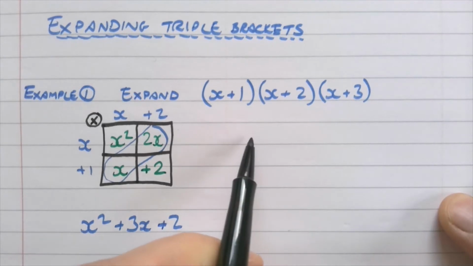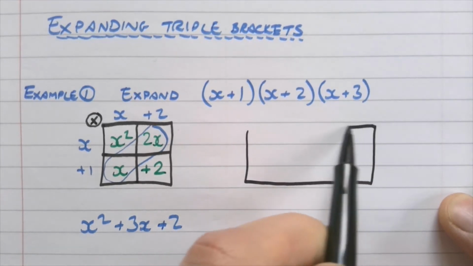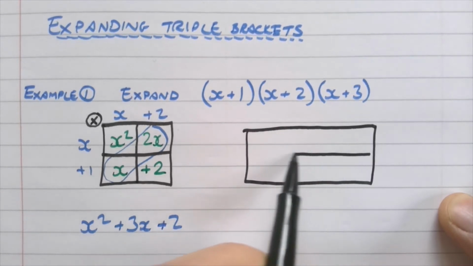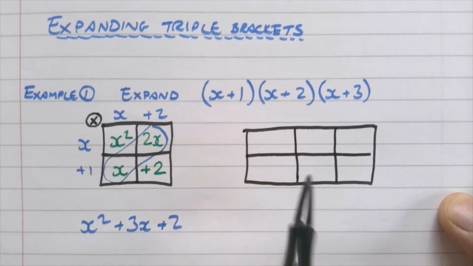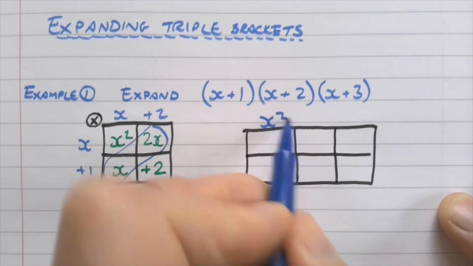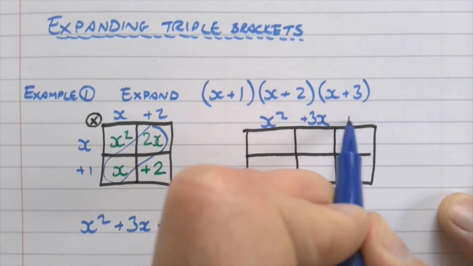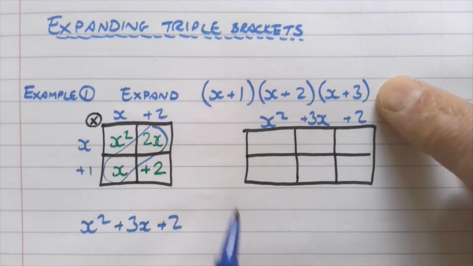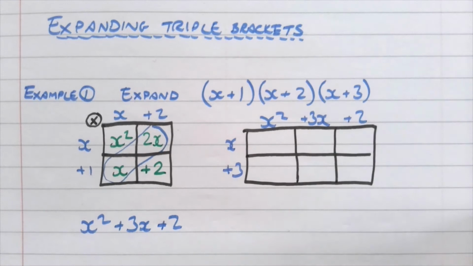Then we're going to take that and multiply it by our 3rd bracket. Okay, so we've got x squared plus 3x plus 2 multiplied by x plus 3.